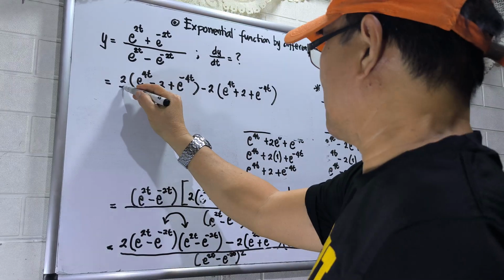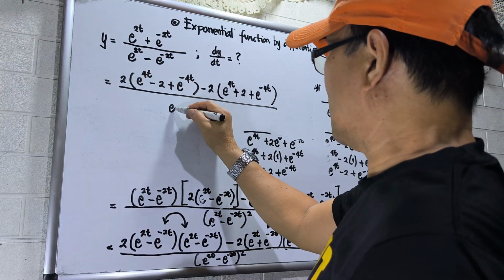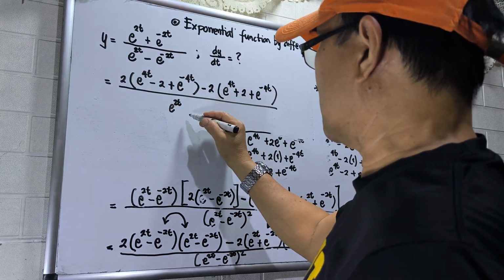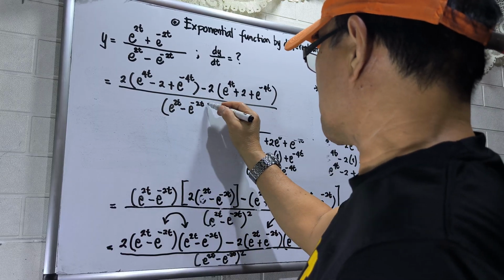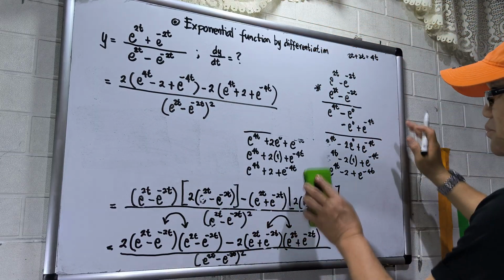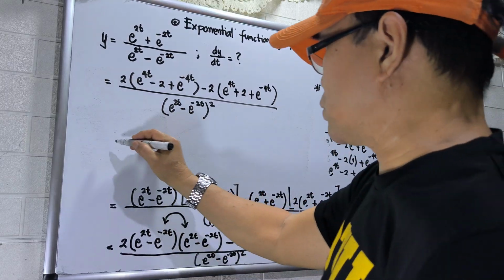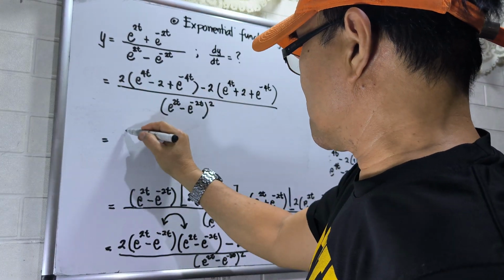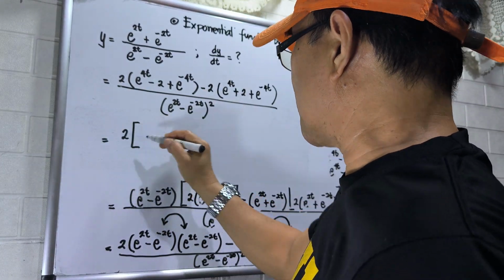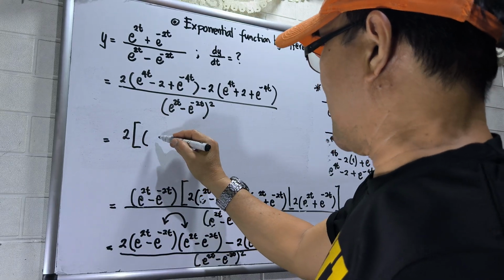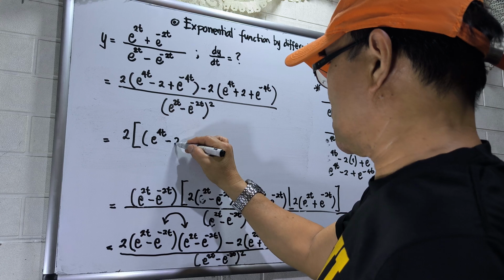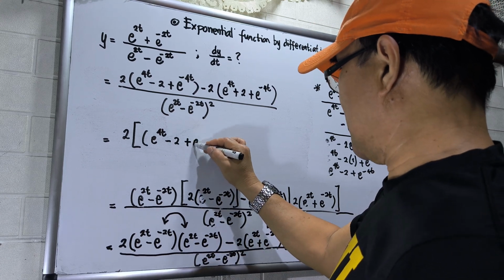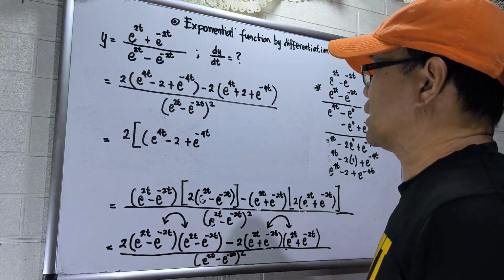Okay? Then, this will be over (e to the 2t minus e to the negative 2t) squared. Okay? Then I will factor out 2 because there is 2. So this will be 2 square brackets, circle brackets e to the 4t, then minus 2, then plus e to the negative 4t.